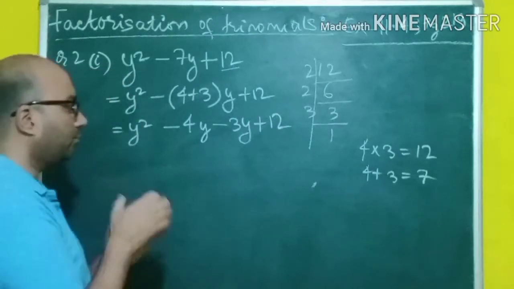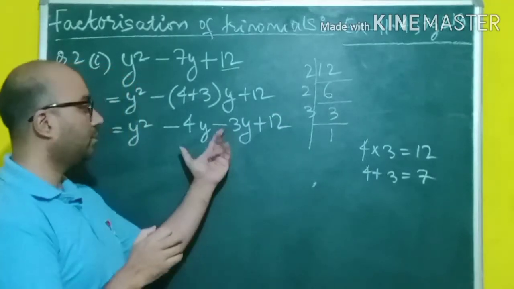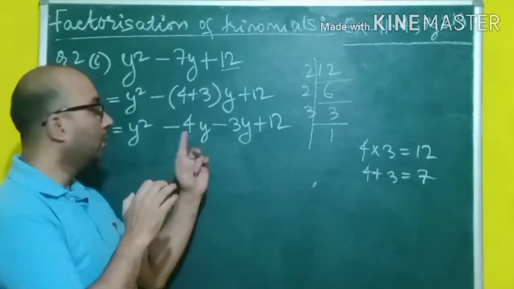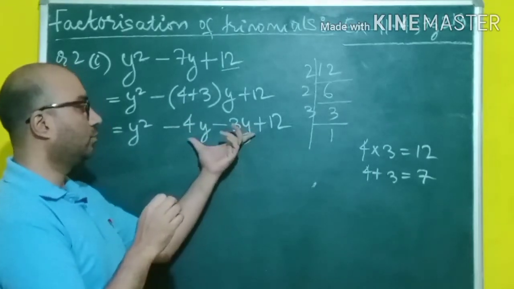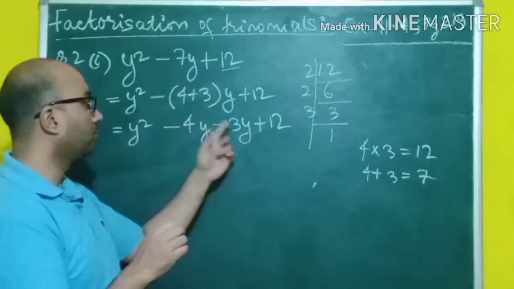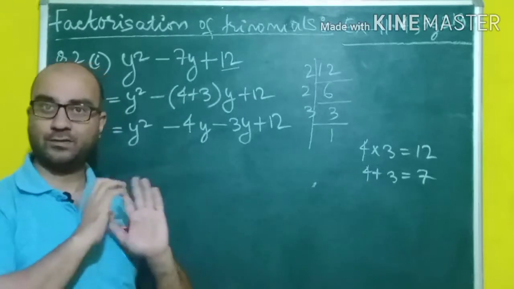If you just want to check whether this combination is correct or not, you can quickly do a check. You add these two terms. So minus 4y minus 3y is giving us minus 7y, and 4 3s are 12. So that is a quick check.